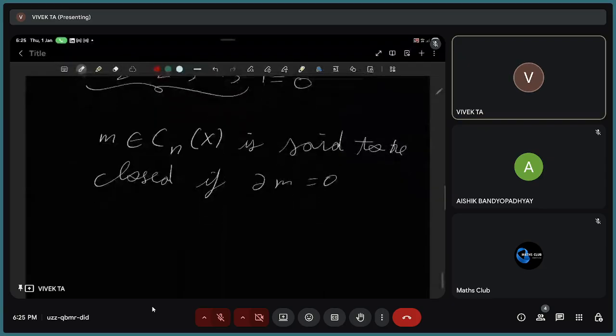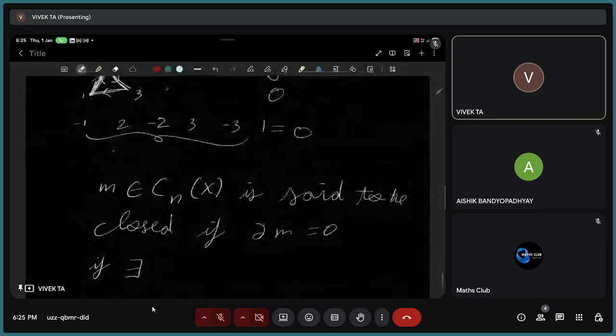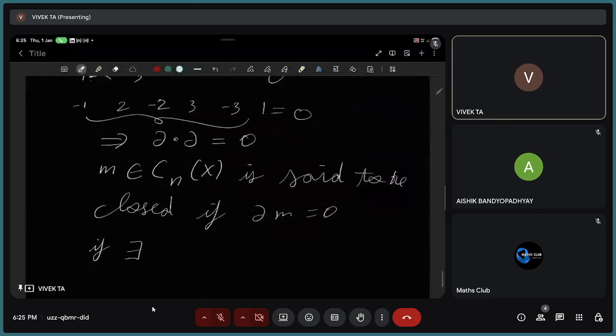But there is another thing. I took dou 2 times, right? So this also implies dou composed with dou gives you 0. True? The boundary of a boundary is 0. Do you understand?